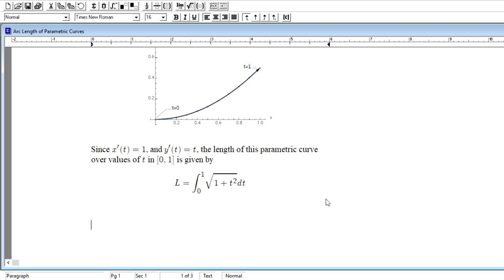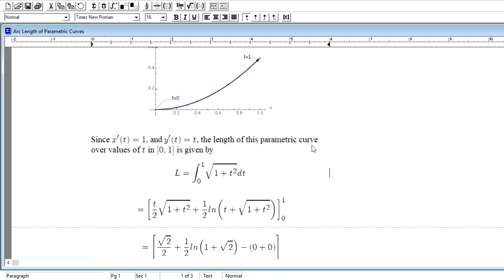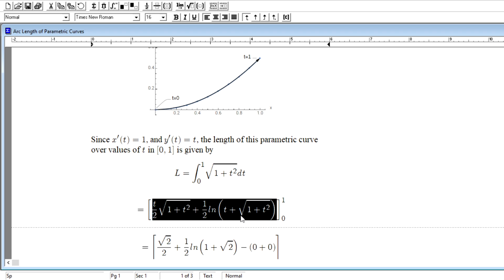If you spend a moment and think about how that's calculated, you could use either trigonometric substitution or spend a moment in the integration tables, where you will see this result given for the antiderivative. I did grab this from the integration tables. If I look up that table number, it would be table number 76 in our book.